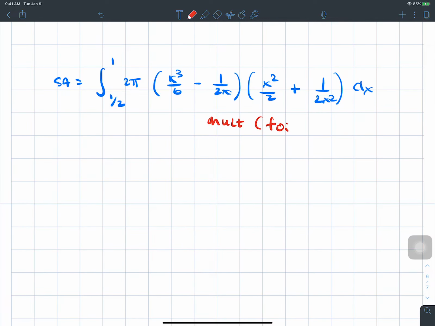Okay, and let's go back. I think I see something. Do I see anything here? Let's go look at the original curve they gave us. What's the curve they gave us here? x cubed over 6 plus 1 over 2x. Anyway, looks like we're good.